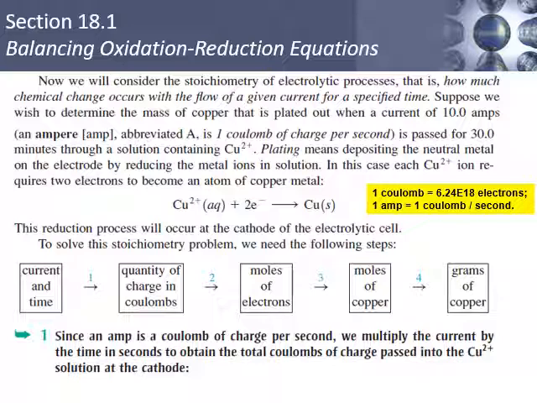So first of all, multiply the number of amps times the number of seconds to get coulombs. Then divide the number of coulombs by Faraday's constant to get the number of moles. And then you have to look at what you're trying to plate out. Like if it's, for example, Fe3+, then you're going to need 3 moles of electrons for every mole of Fe3+ to get Fe, right?